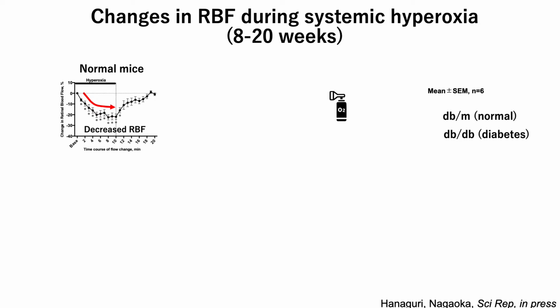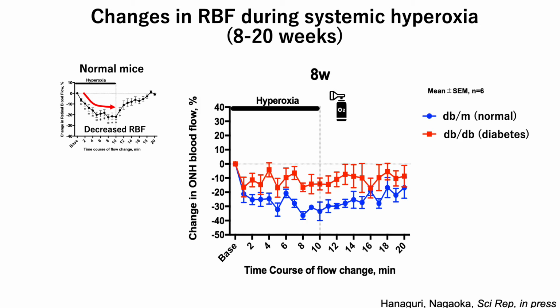Therefore, it is important to evaluate the changes in retinal blood flow in response to physiological stimuli. This slide clearly shows that the blood flow response to systemic hyperoxia was blunted in diabetic mice compared with normal mice at 8 weeks of age.